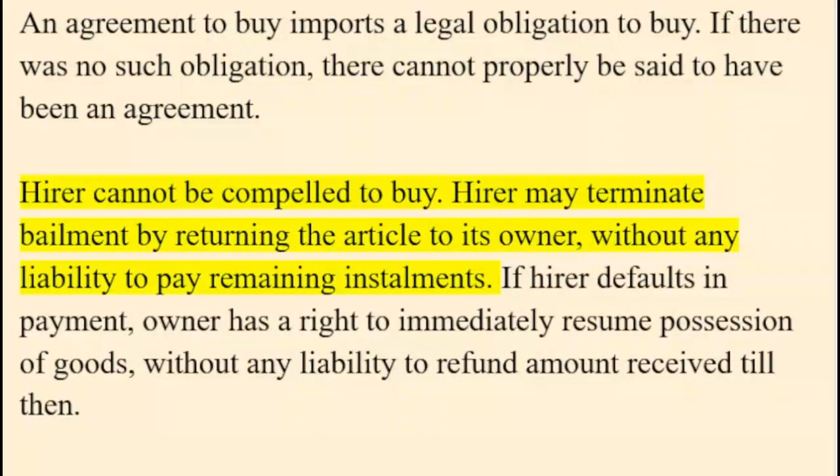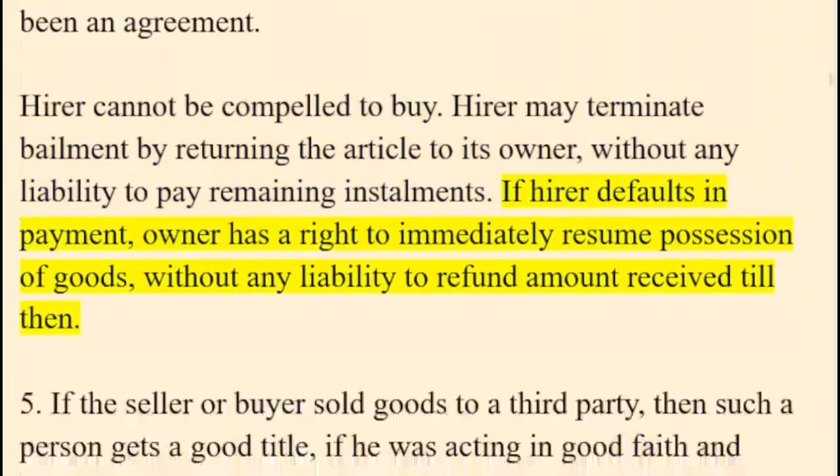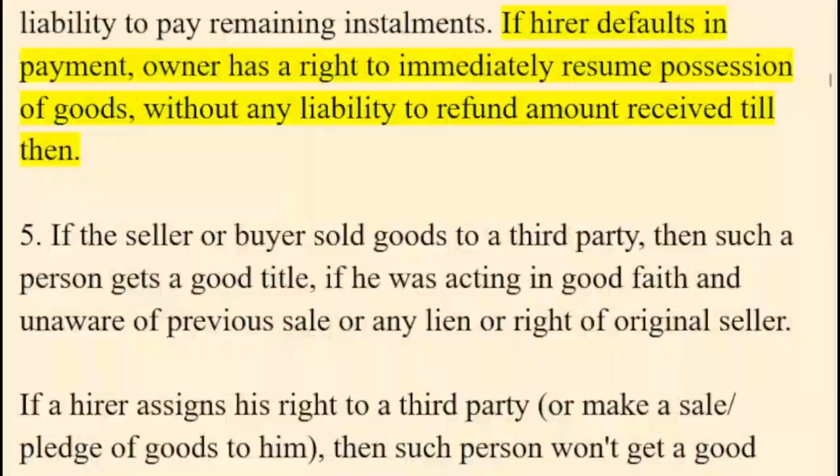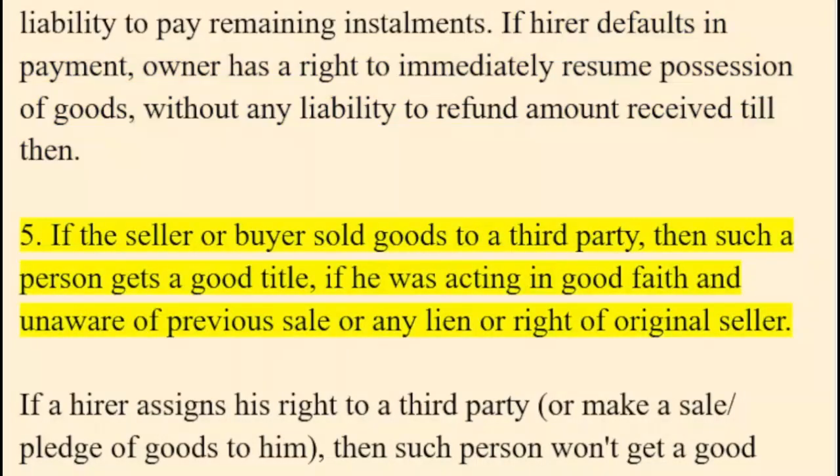A hirer cannot be compelled to buy. The hirer may terminate the bailment by returning the article to its owner, without any liability to pay remaining installments. If the hirer defaults in payment, the owner has a right to immediately resume possession of goods, without any liability to refund the amount received till then.